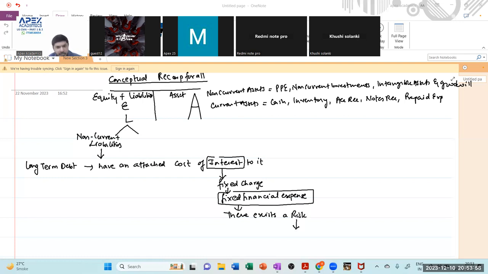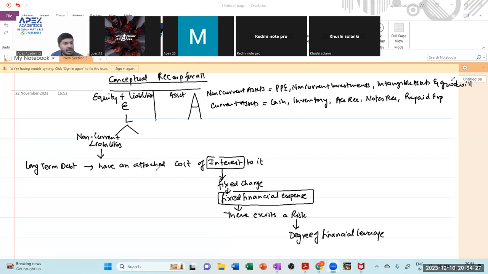This risk, because it is owing to a fixed financial charge, is called degree of financial leverage. Does everybody agree with my statement? Yes or no? Understanding everybody?